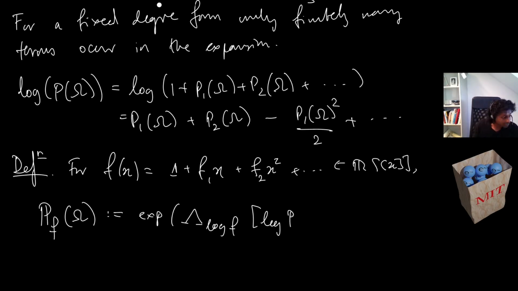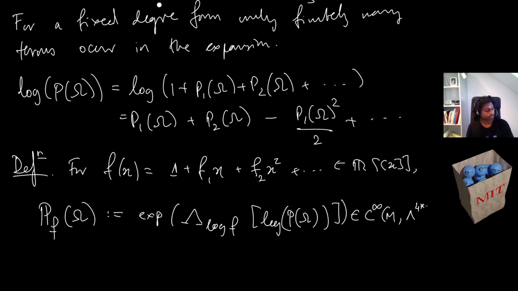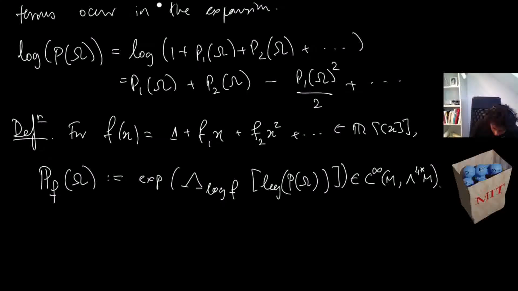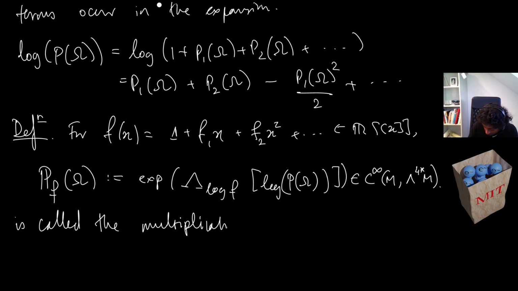So the exponential is defined in a similar way by a power series expansion, and this is going to land us now in the forms 4 star. And this is called the multiplicative characteristic form.